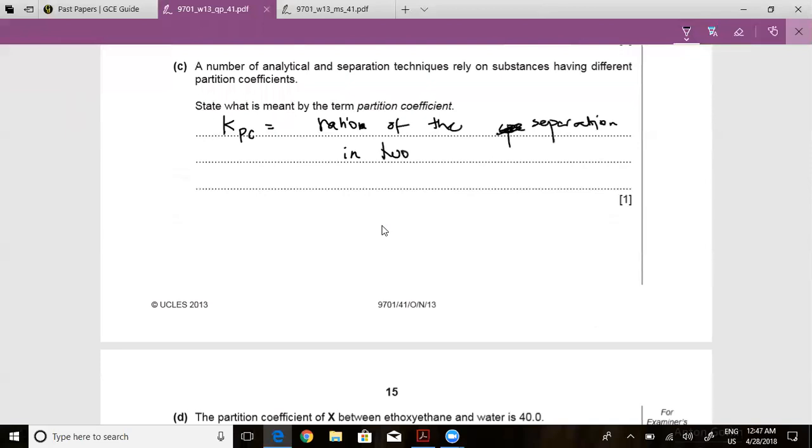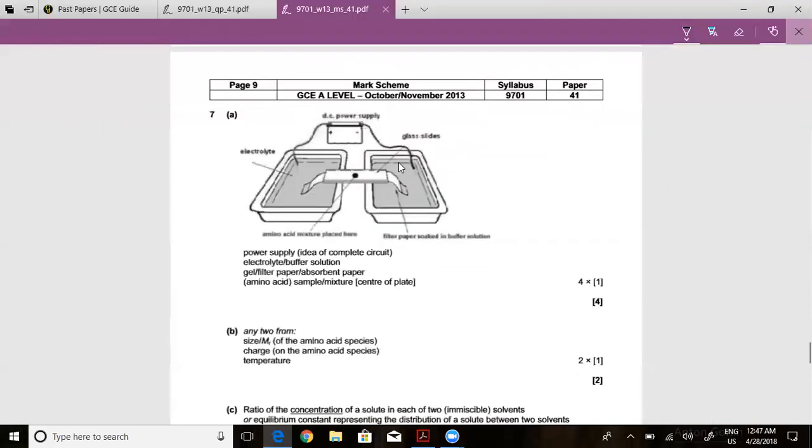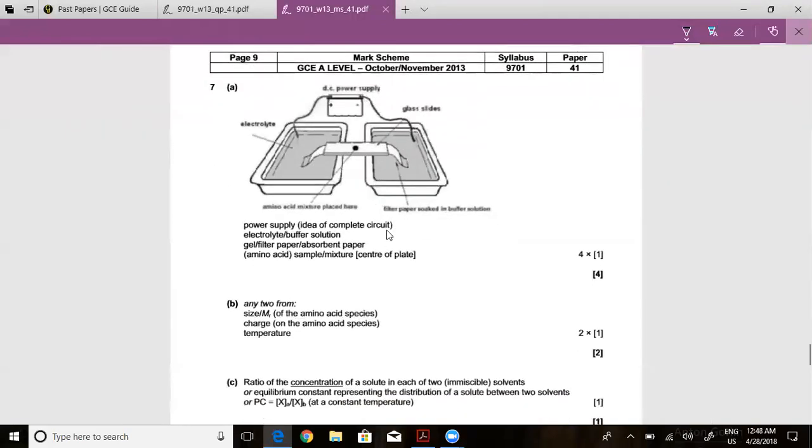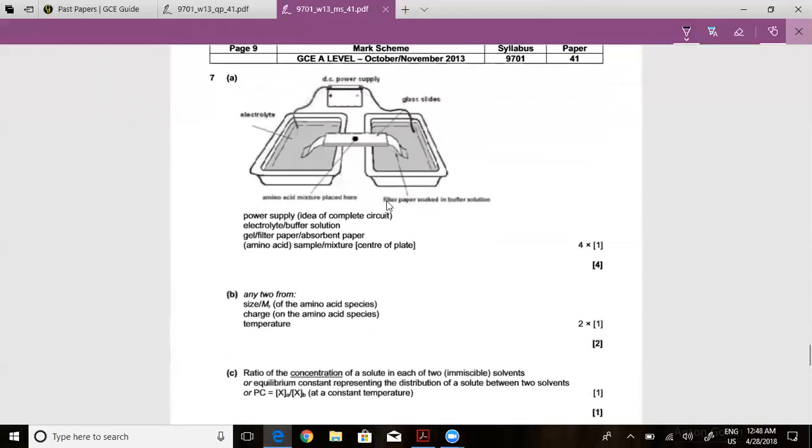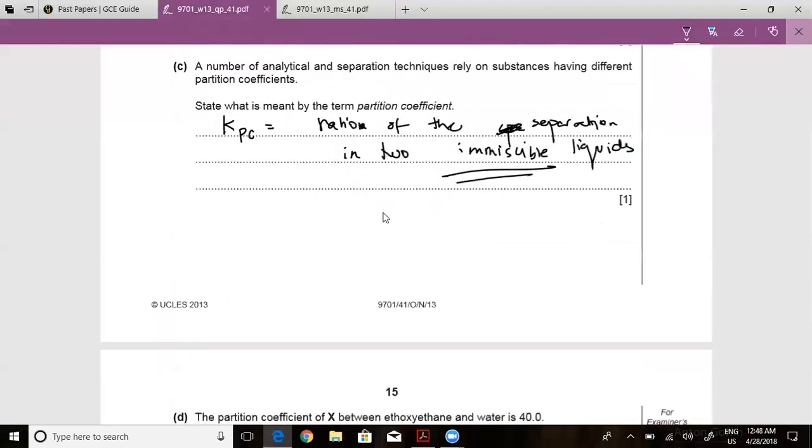Immiscible, like oil and water. Immiscible is, I think, crucial. Just check this diagram. Memorize it, learn it by heart. It's the ratio of the concentration.